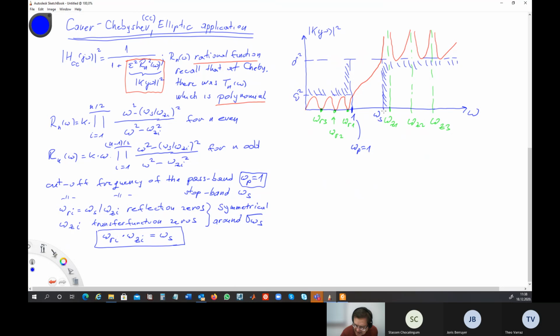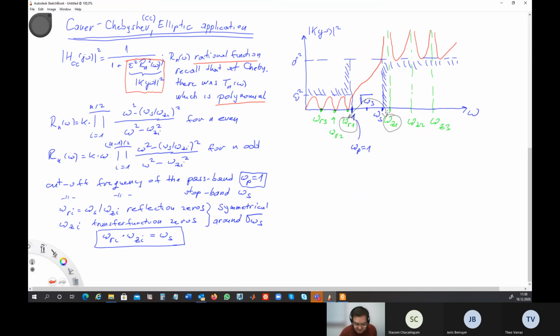This is omega s here. Here in the geometrical middle is square root of omega s, and then we can see that these are symmetrical. For example, this one is symmetrical with that one over this omega s. So this is something very simple to see.